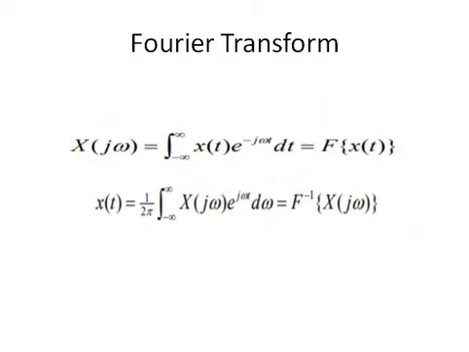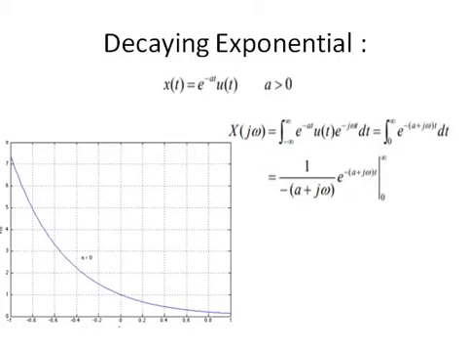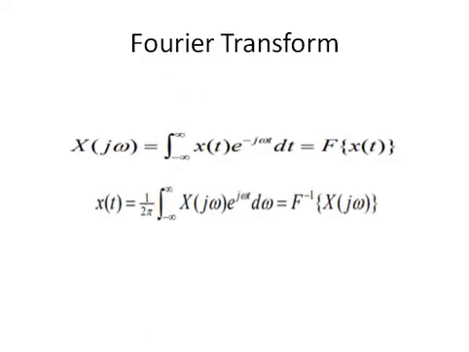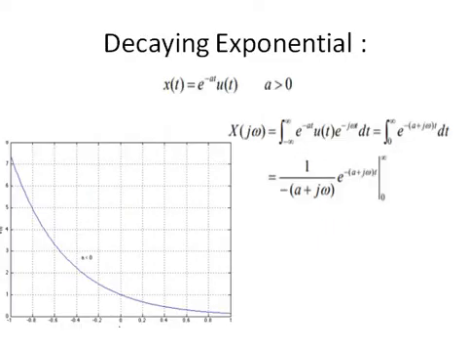The first standard signal is the decaying exponential signal, which is x of t equals e power minus at u of t. If we apply the Fourier transform by using this formula, the integral from minus infinity to infinity of x of t e power minus j omega t dt, then we will get, since we know that when the bases are equal the powers add to each other, e power minus at plus minus j omega t and u of t.